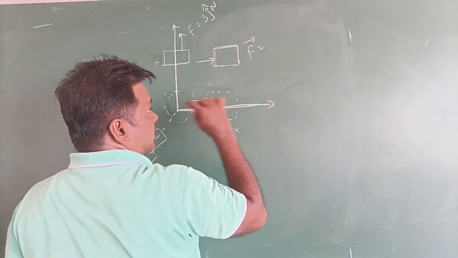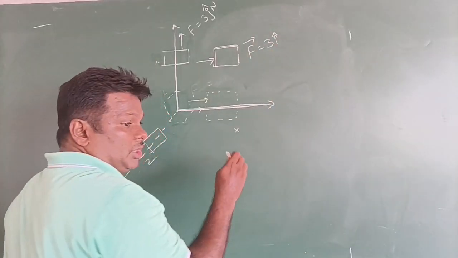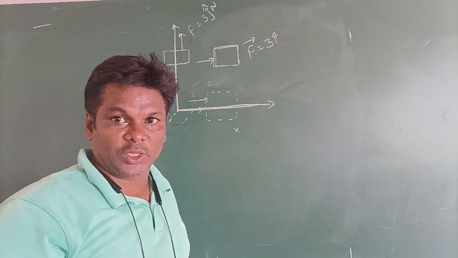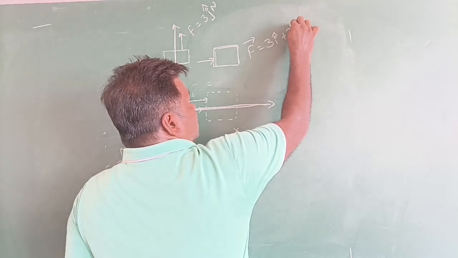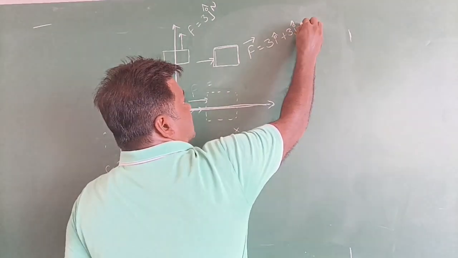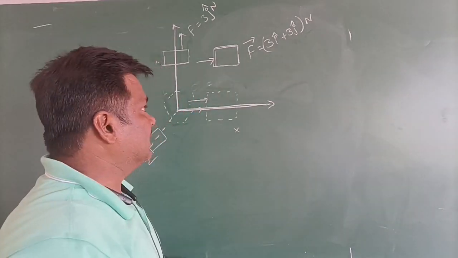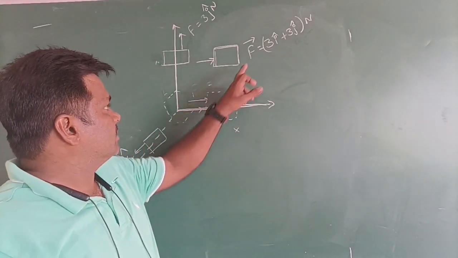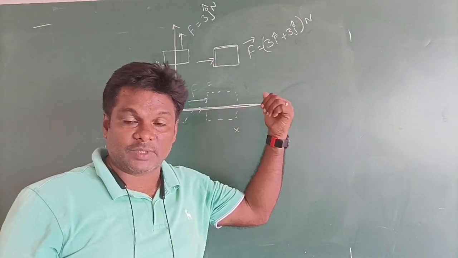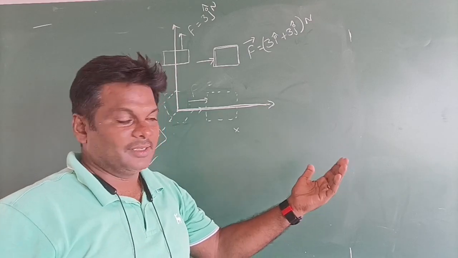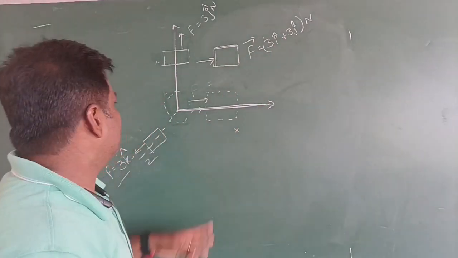F bar is equal to 3 i cap, that means 3 units of force acting along x-axis, and 3 j cap, 3 more units of force along y-axis. So this is how we need to note it down. Why am I writing 3i plus 3j? Because the object is in the xy plane and the force acting on it is in the xy plane. F bar is equal to 3i plus 3j.